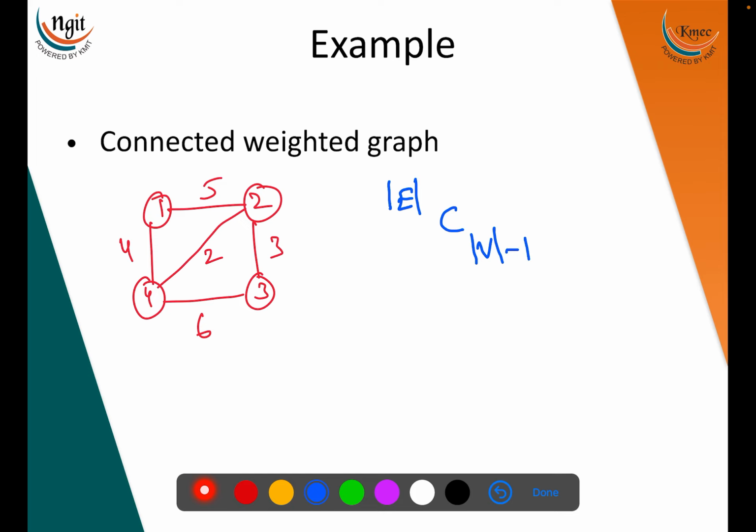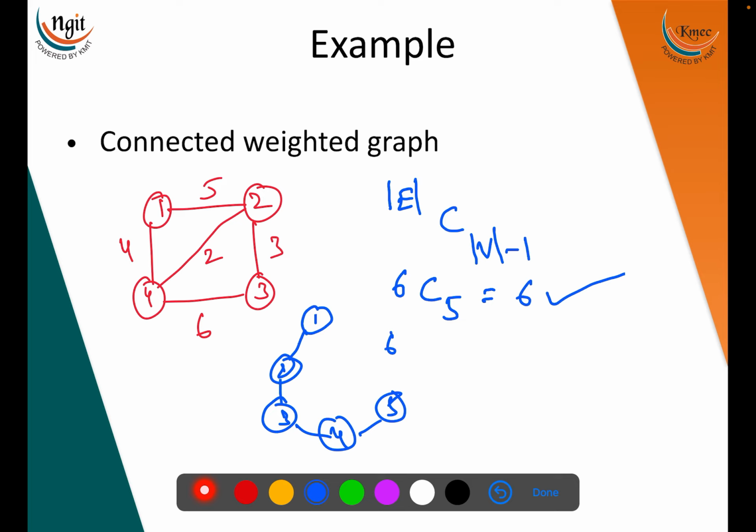That's what we were seeing just before, right? Example, 6C5 is equal to 6. You can give this example for examination purposes. And the next way of asking the question is what? The same graph, but they can also give something like this. 1, 2, 3, 4, 5, 6.